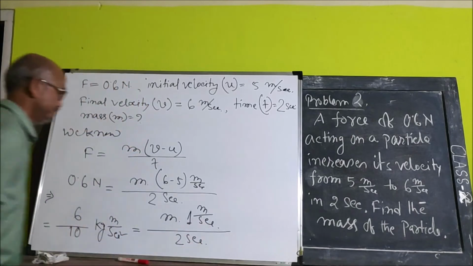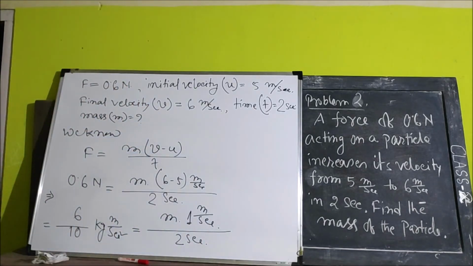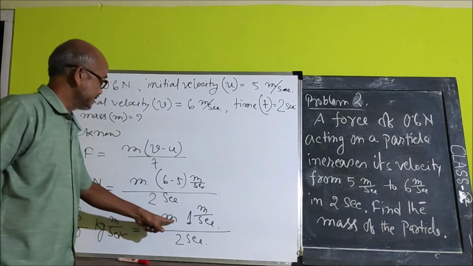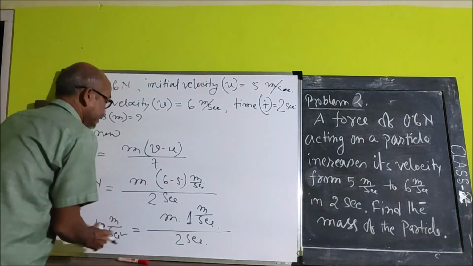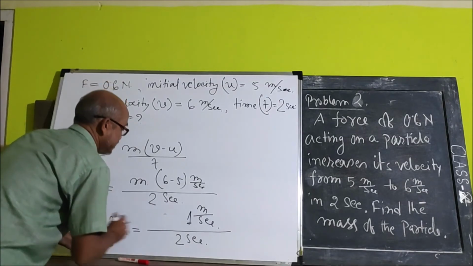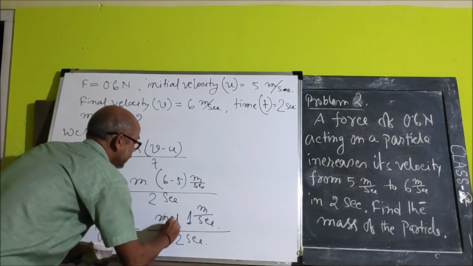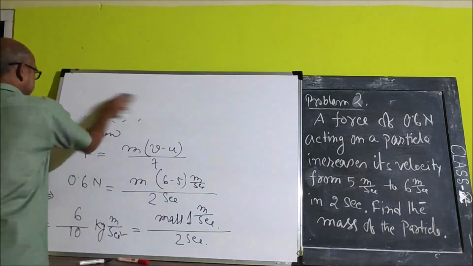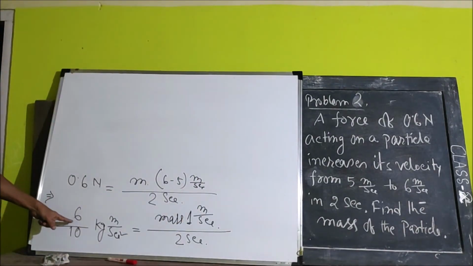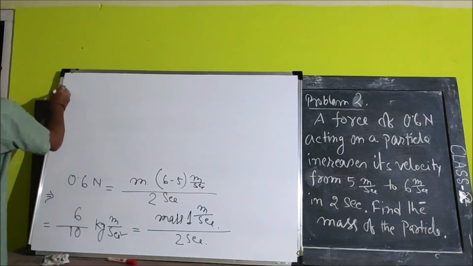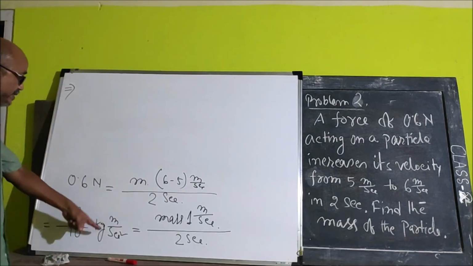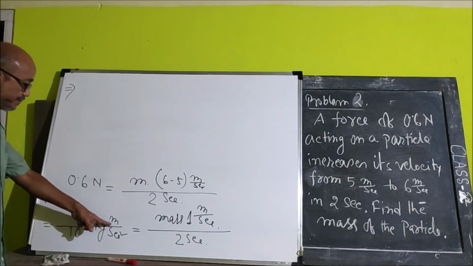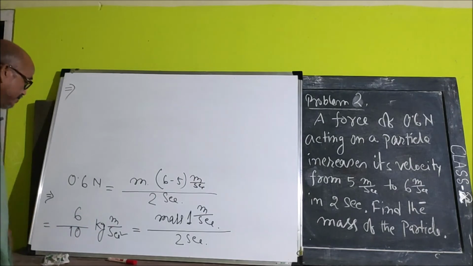Separately you write here: kg is the upper one, meter is the upper one, and second is the lower one.